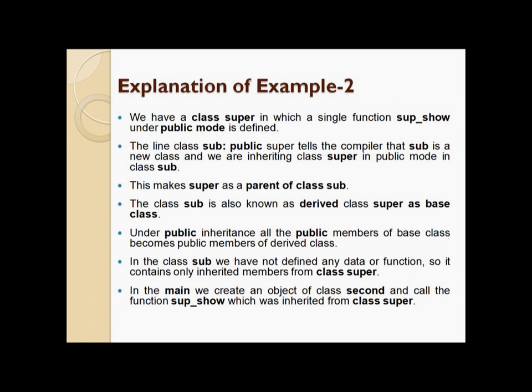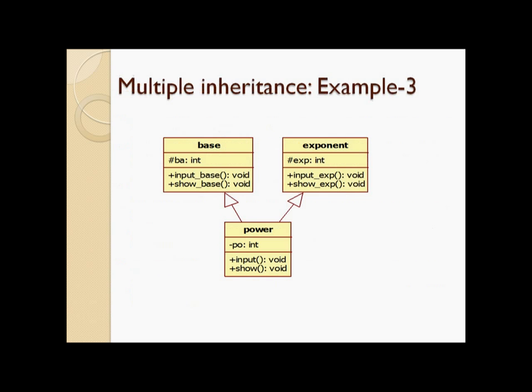Here I have given a detailed explanation of what I explained, which will help you in understanding the example. Now, this is another example which I have taken. Here you can see this example explains the concept of multiple inheritance. You can see that there are two parent classes, base and exponent, and these two parent classes are deriving only one child class, which is power.